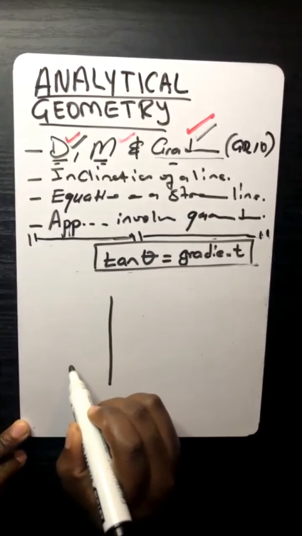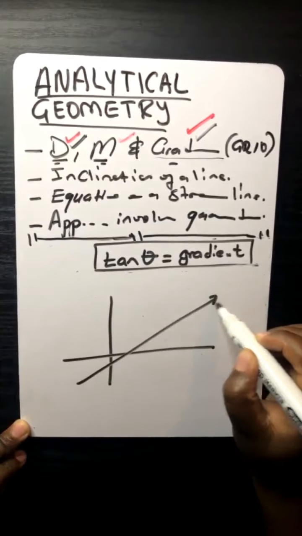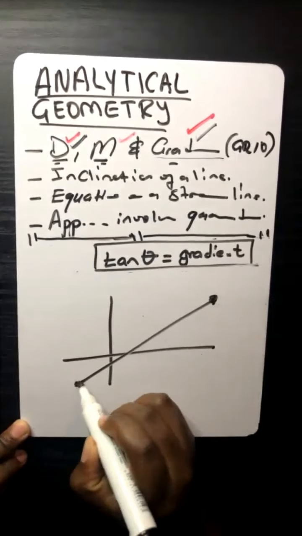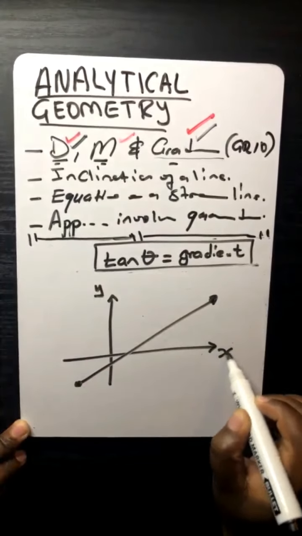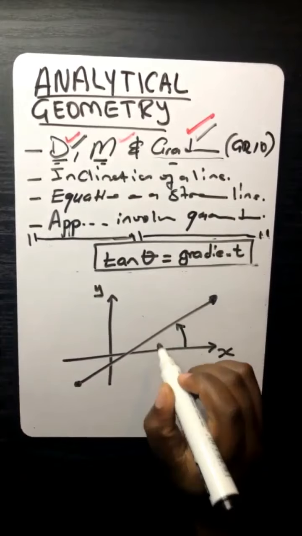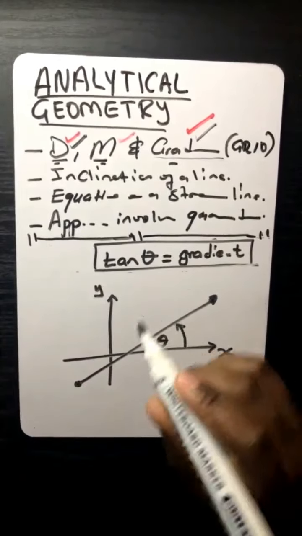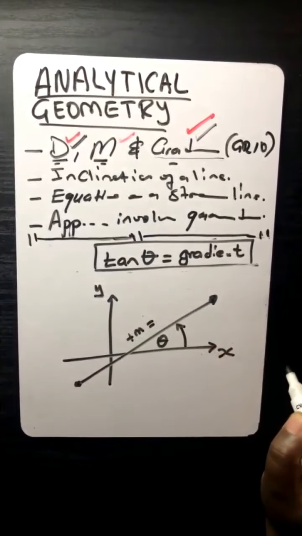The calculator must always be in degree mode. Just make sure that before you write your maths paper 2, your calculator is in degree mode.